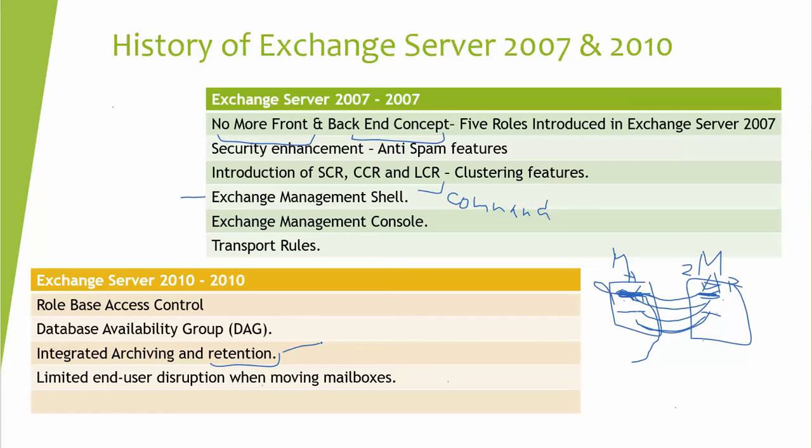For example, delete messages after 120 days, or delete messages that were deleted by the user after 60 days. So these were different retention policies where you were deciding for how long you should keep the messages, and after how many days the messages should be deleted.